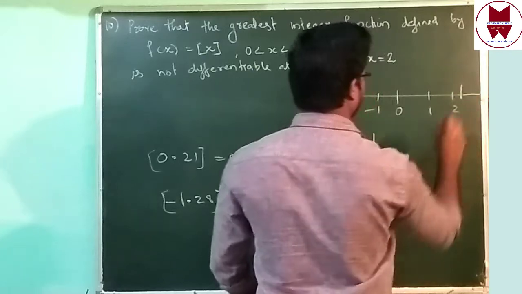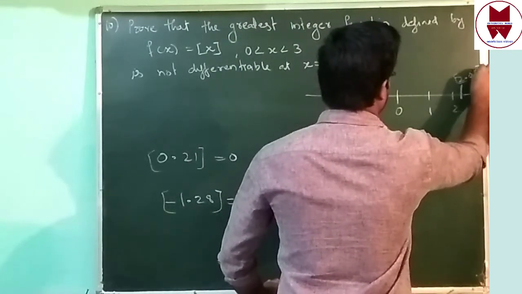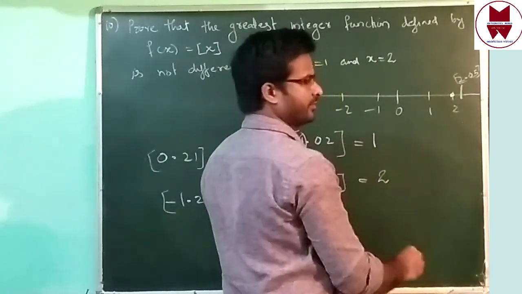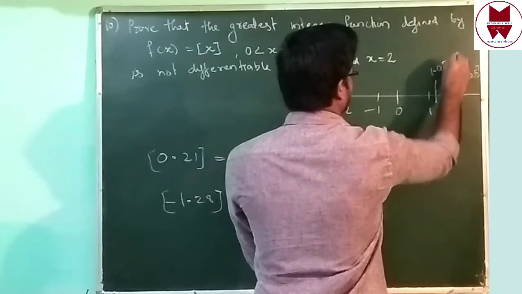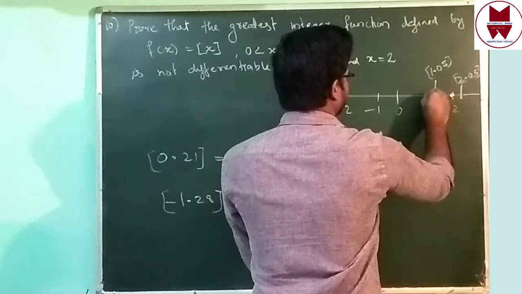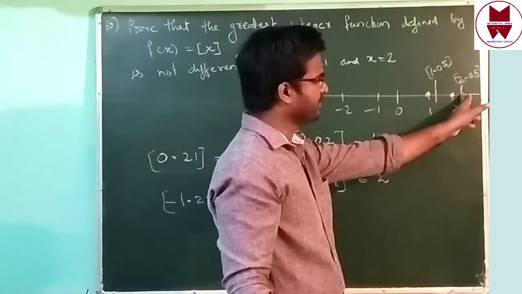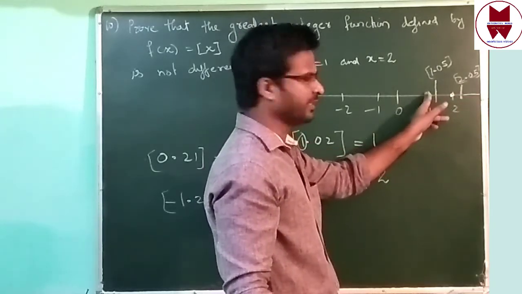If you consider a number near 2, like 2.05, when you take the greatest integer, we will consider this 2, on the left side. If you consider 1.05, when you take the greatest integer, the answer is 1. Which side? We take the left side integer. Here, left side, isn't it?